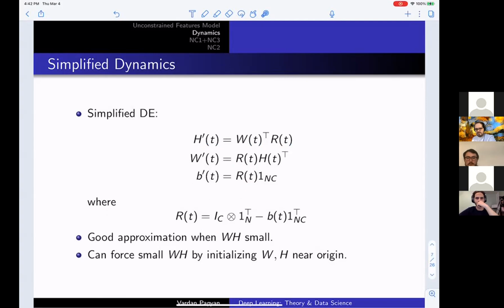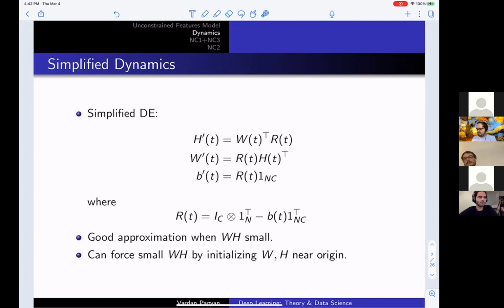In fact, I think it's even linear. It might not look linear, but it's even linear. You're saying it's not linear because B and W interact with each other, right? Yes, exactly, but we'll see that this is not a problem.